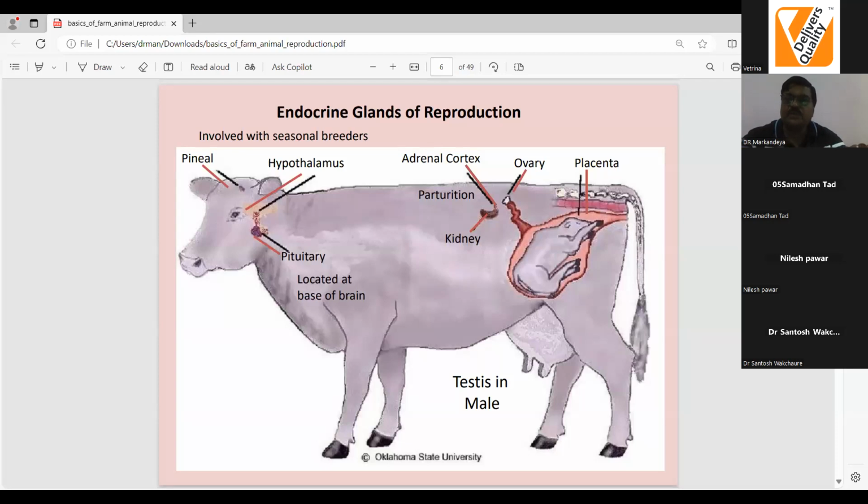Now, before going to cyclicity of these animals, it is important to know this particular picture, and also it is important to know the glands which are involved in secretion of the hormones which are directly related with reproduction. Hypothalamus, the master gland, is in the higher brain centers, situated at the base of the brain, and this particular hypothalamus is controlling the reproduction.